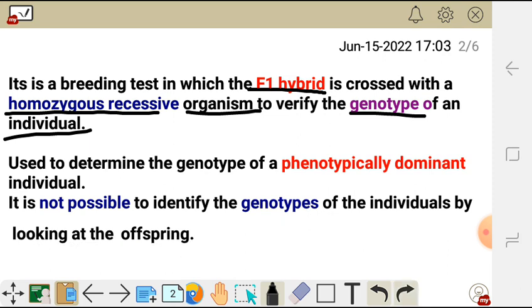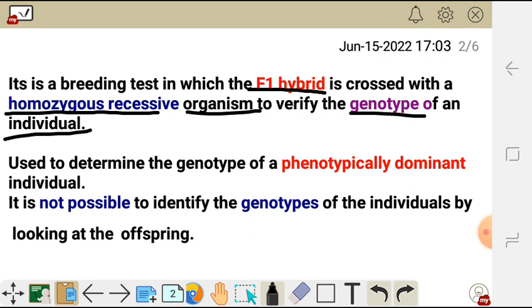You cannot tell the genotype of an offspring by looking at its phenotype. Remember, we said a phenotype is simply the physical appearance of an offspring.